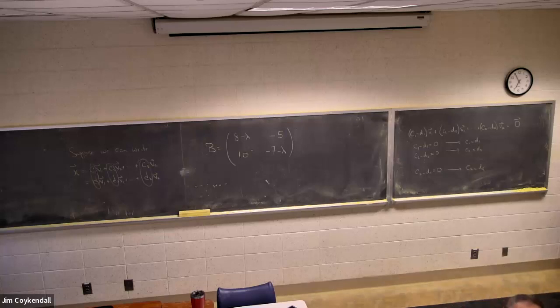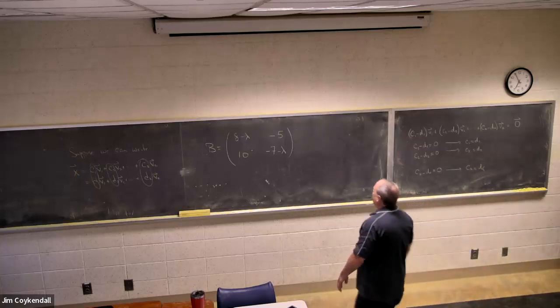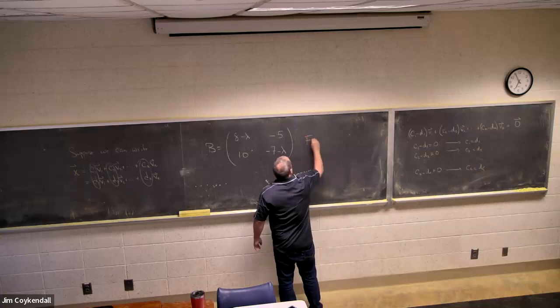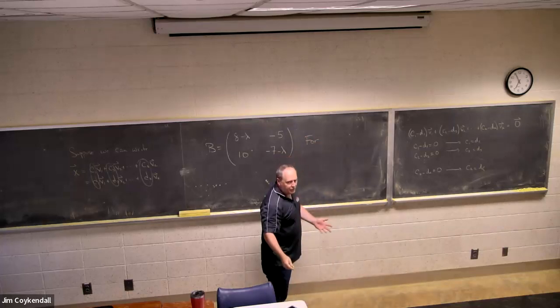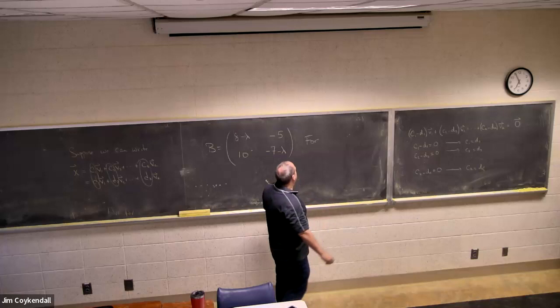But we do know a nice thing about 2 by 2 matrices. What does it mean for a matrix to be singular? The determinant is 0, right? And this is actually true more generally, but I haven't discussed this yet.